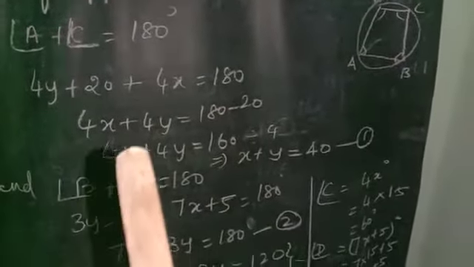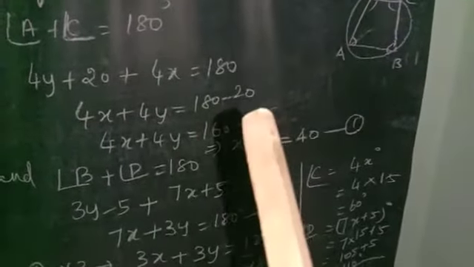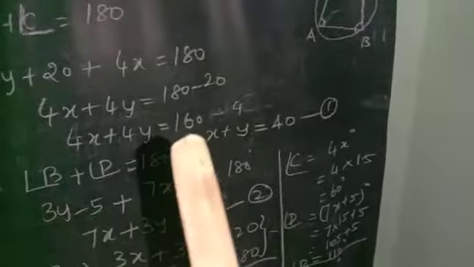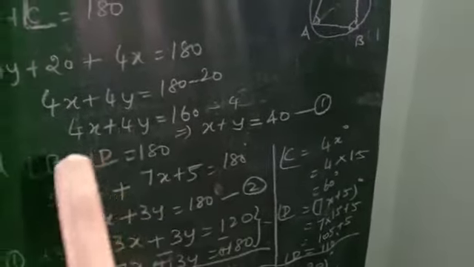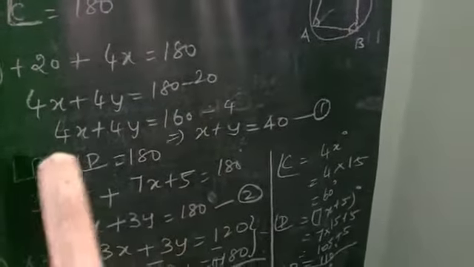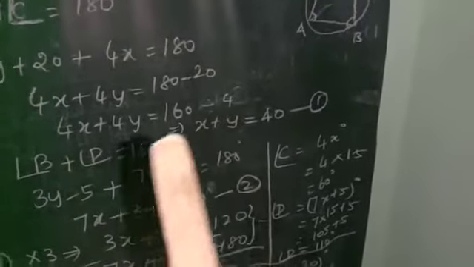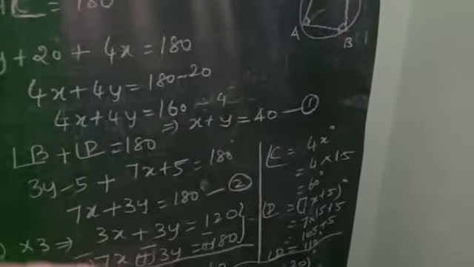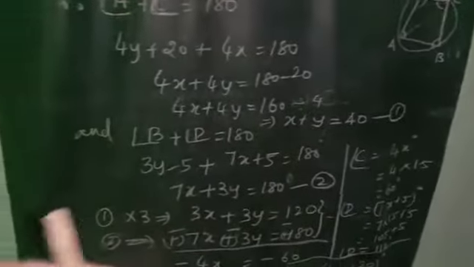Therefore 4x plus 4y is equal to 180 minus 20, which gives 160. Dividing the equation by 4, we get x plus y is equal to 40. This is the first equation.